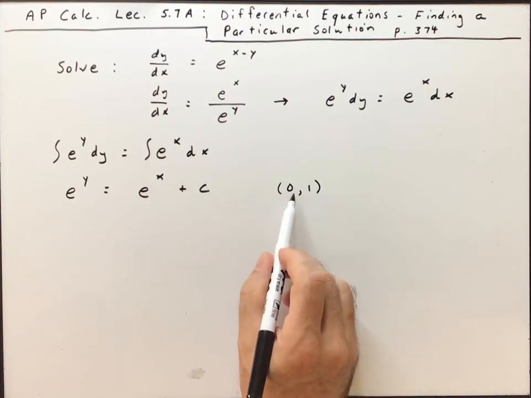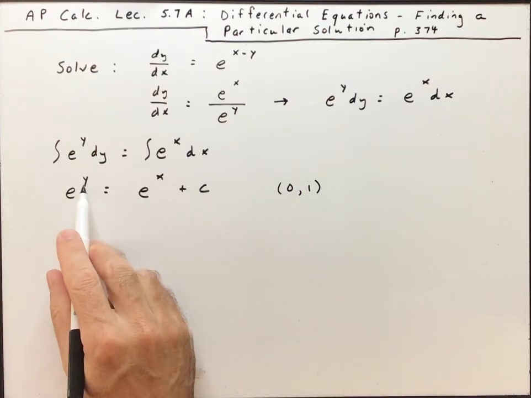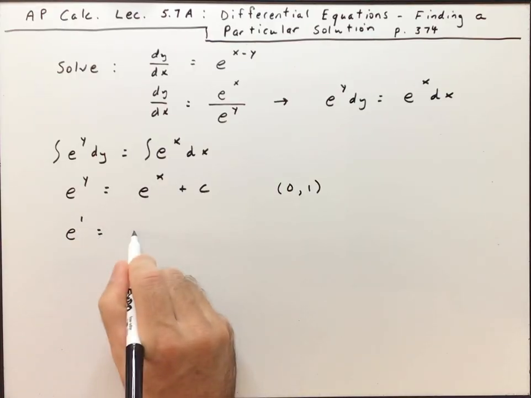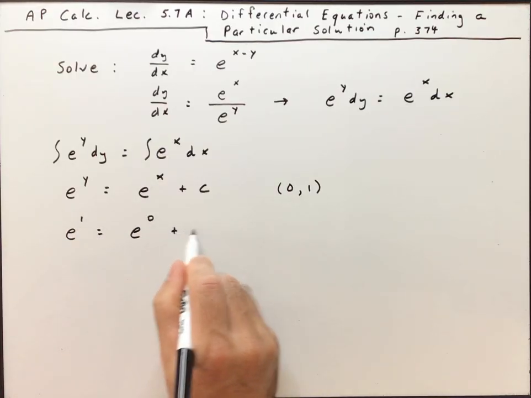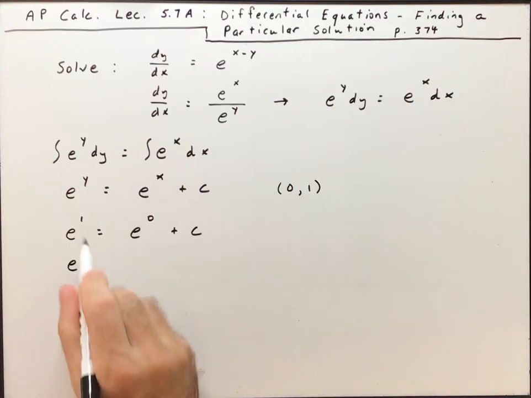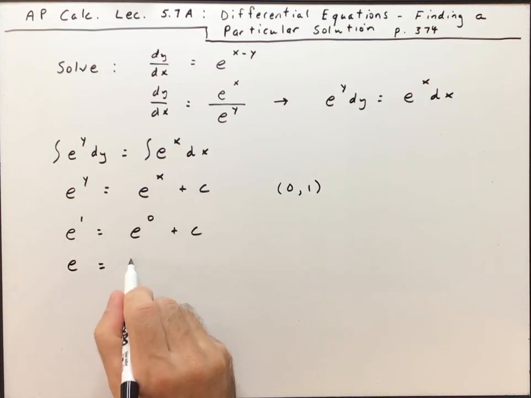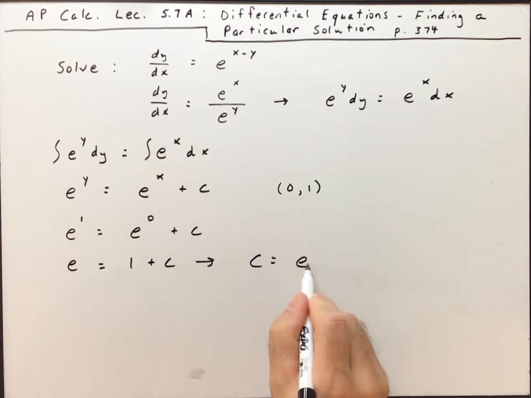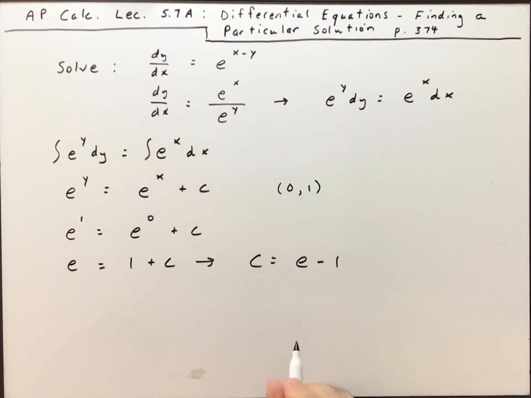So the particular solution at 0, 1 would be e to the 1 is equal to e to the 0 plus c. So e to the 0 is 1, and c is equal to e minus 1.